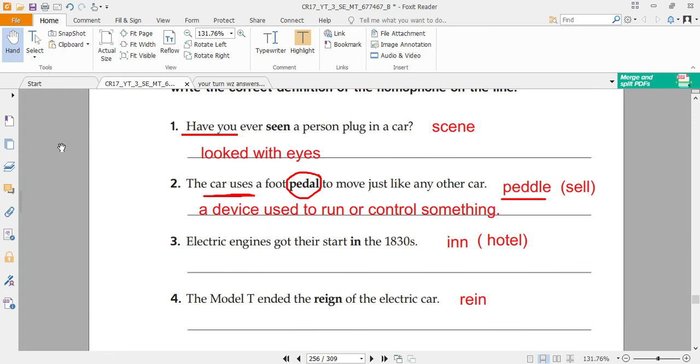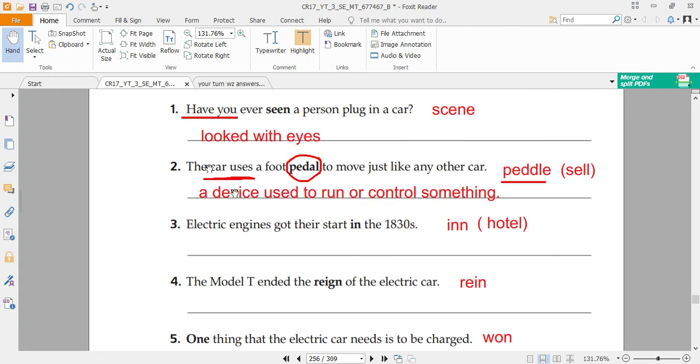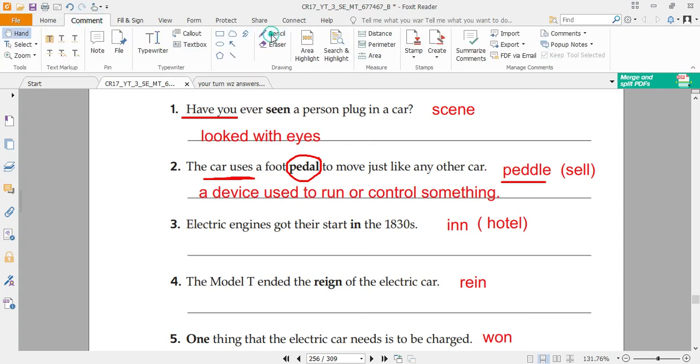Number 3, electric engines got their start in the 1830s. So here we have in and inn. One of them means during the time, and the second, inn, with double N, means a hotel, especially for travelers who need to stop at a place and have some food and drinks.